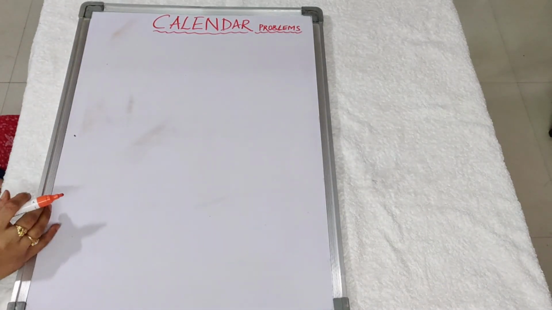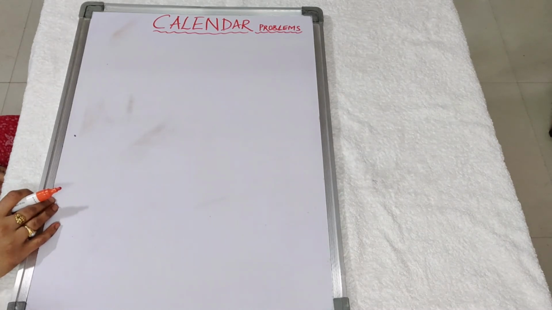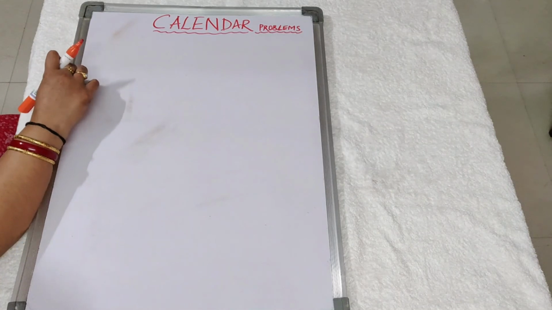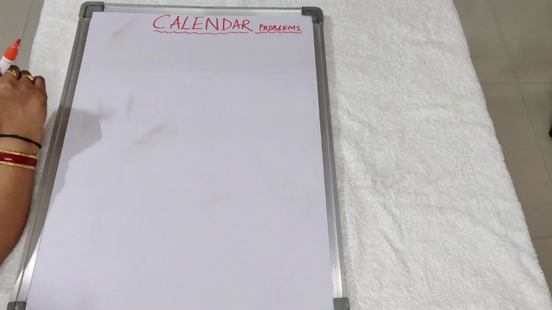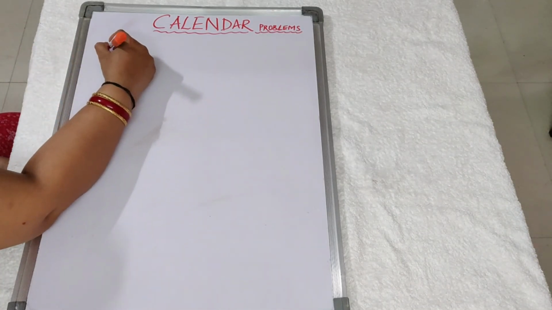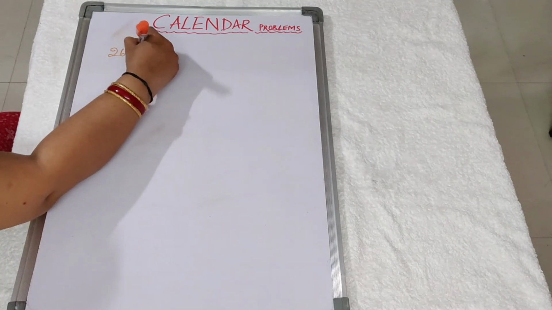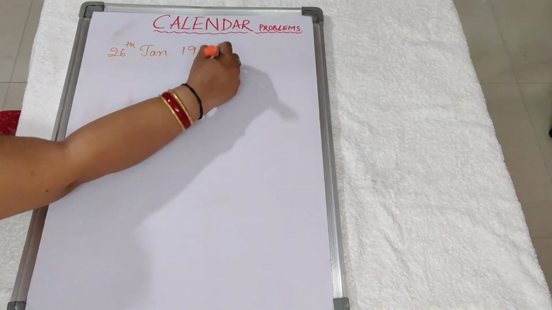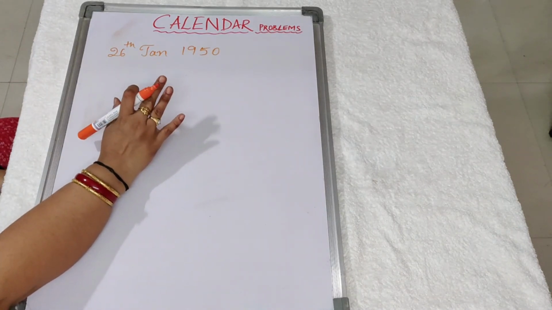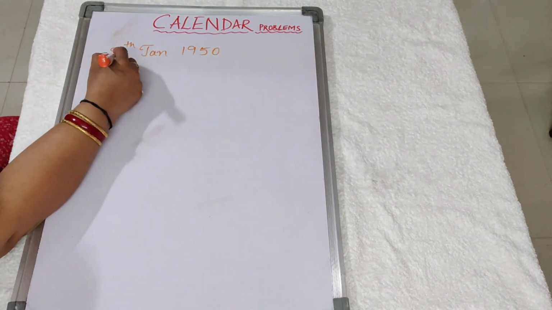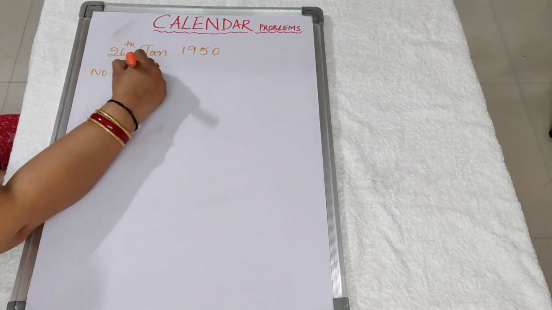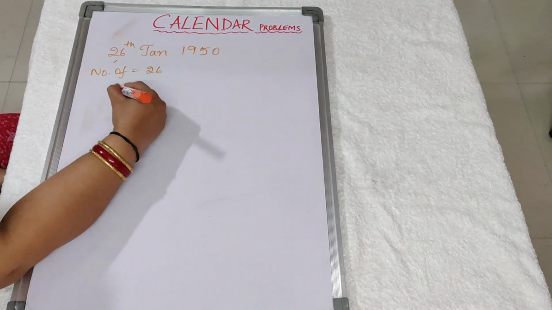Yes, so let's take, which day should we take? Usually in all the videos they take 15th August. So this time let's find the day of 26th January 1950. So the Republic Day. Okay, let's take this. So now the number of days is 26.